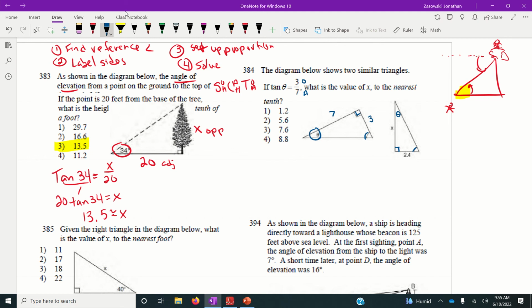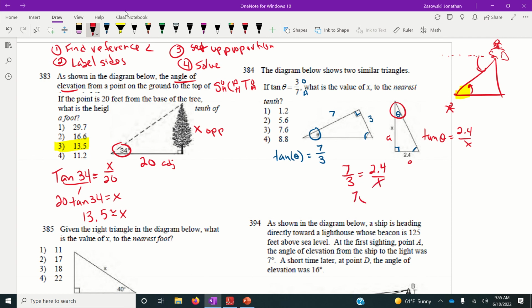So that means that the tangent of theta is not only equal to 7 over 3. In this triangle, the tangent of theta is also equal to the opposite over the adjacent, which would be 2.4 over x. And since these are both equal to the tangent of theta, we can make a proportion, 7 over 3 equals 2.4 over x, and we can cross multiply and solve.